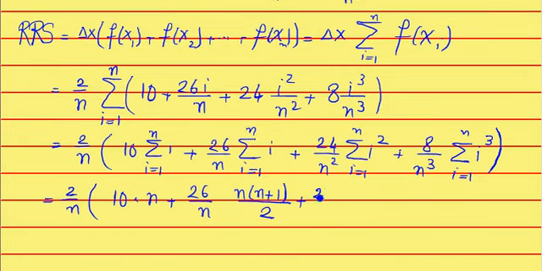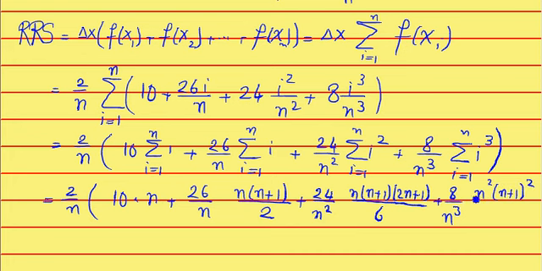This is 24 over n squared, and this was n times n plus 1 times 2n plus 1 over 6, and here was 8 over n cubed, and this one was n squared times n plus 1 squared over 4.